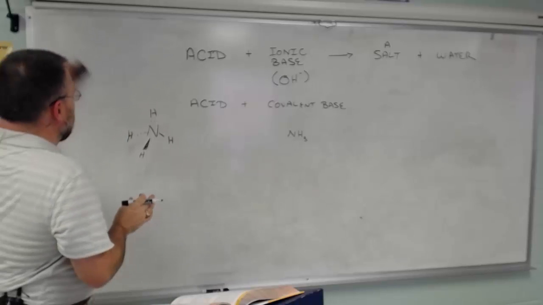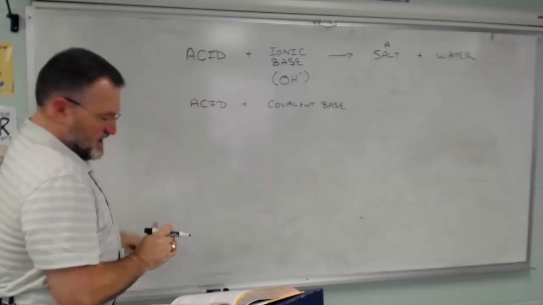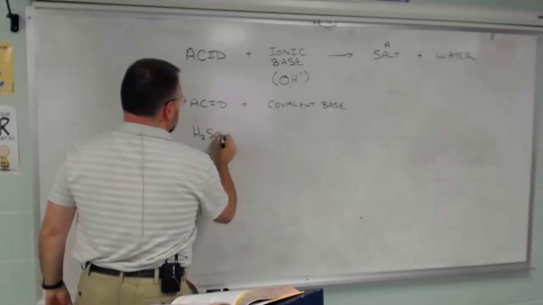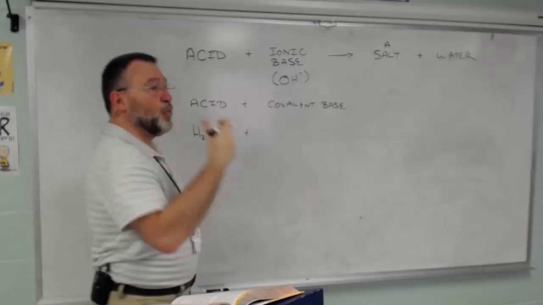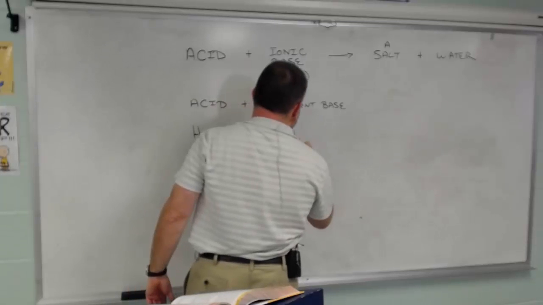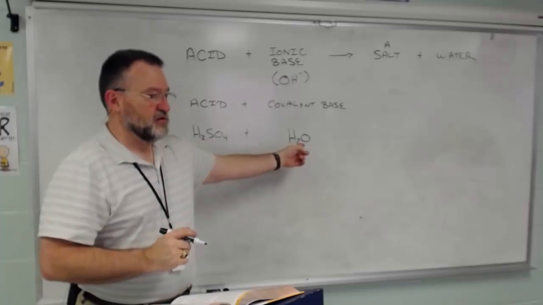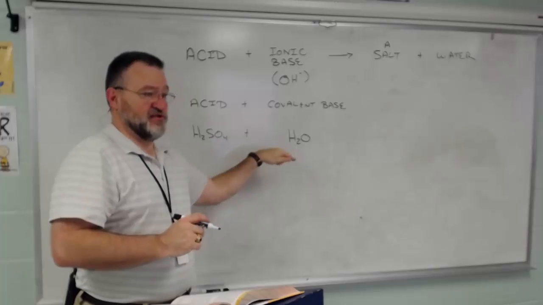As a matter of fact, the example they use in the book, and I didn't notice this, but they use this H2SO4. They say we've got H2SO4 and we're going to add it to water, H2O. Is water an acid? It can be, but in this situation, it's not.